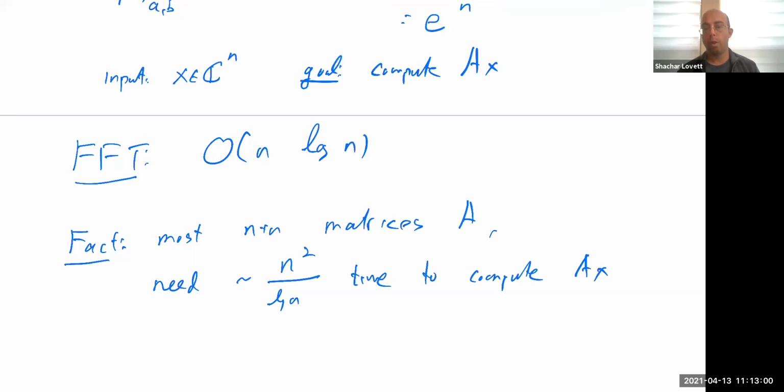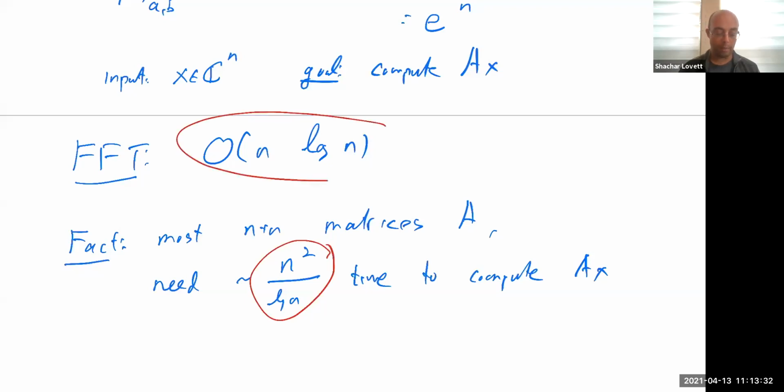If I give you a random, arbitrary matrix A, then for most such matrices, there is no fast way of computing A times x. I still haven't defined the actual computational model. I'll do it in the next few minutes. But I just want to point out that for generic matrices, we need essentially quadratic time to multiply by A, while the FFT is special. It has a special structure, and we can do it in near linear time.